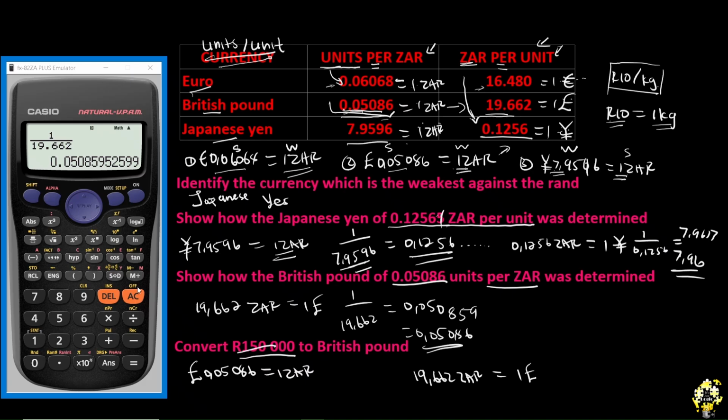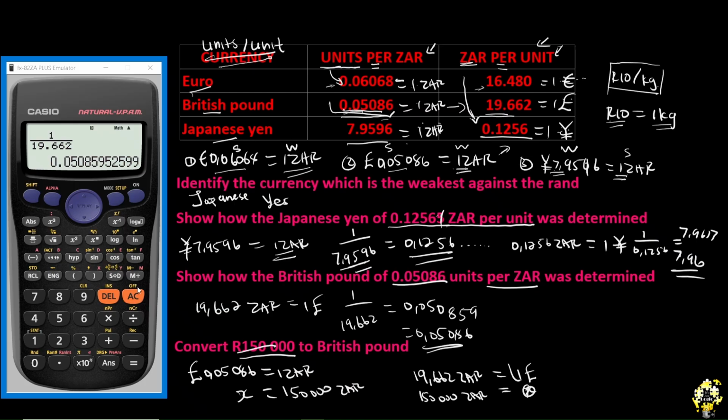Where do we have our rands, left or right? Here we have them on the right, so we are going to say 150 South African rands, X here. Here we have them on the left, so we are going to say 150 South African rands, X on the other side.